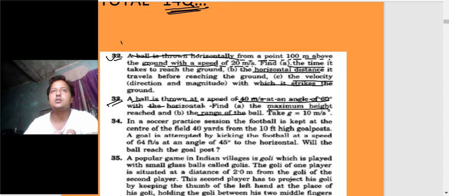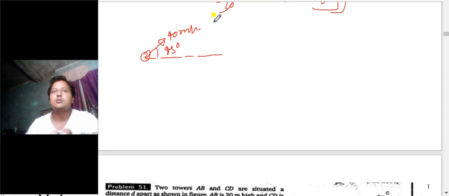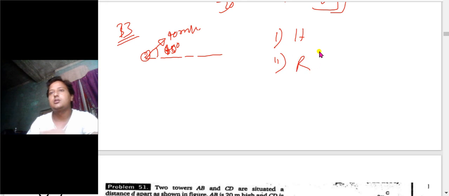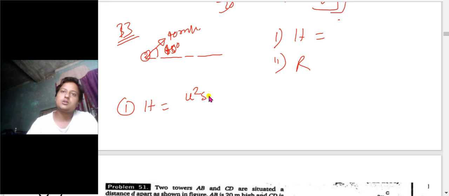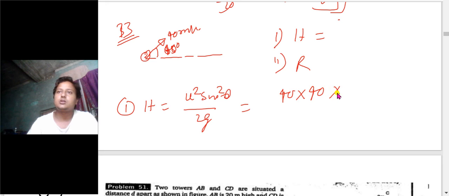We have to calculate greatest height and range. We have the formula for greatest height, u square sin square theta over 2g. So u is 40, multiply sin square 60 divided by 2 into 10.